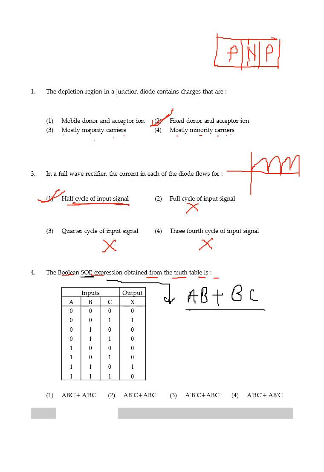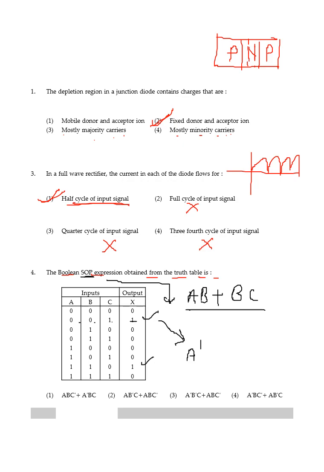If we want to write the sum of products for the given expression, then we have to see where the output is 1. Here in this case the output is 1, and in this case the output is 1. So we can write the expression for it: A bar, B bar, C, because corresponding to the first 1, A is 0, B is 0, and C is 1.